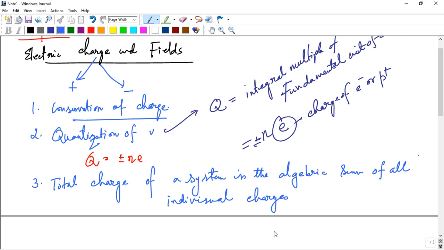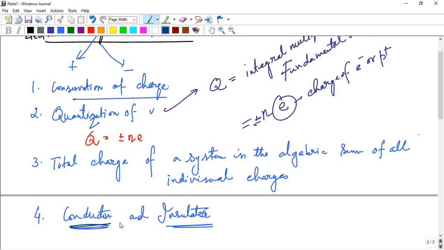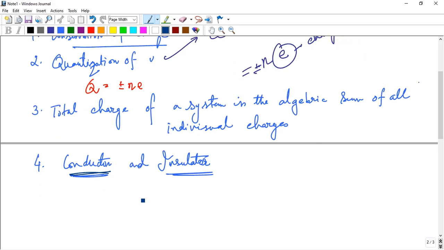Next point is conductor and insulator. That's very important. What is a conductor and what is an insulator? Number 4 point, conductor and insulator. As the name suggests, a conductor means a good conductor of electricity, mainly a metal.